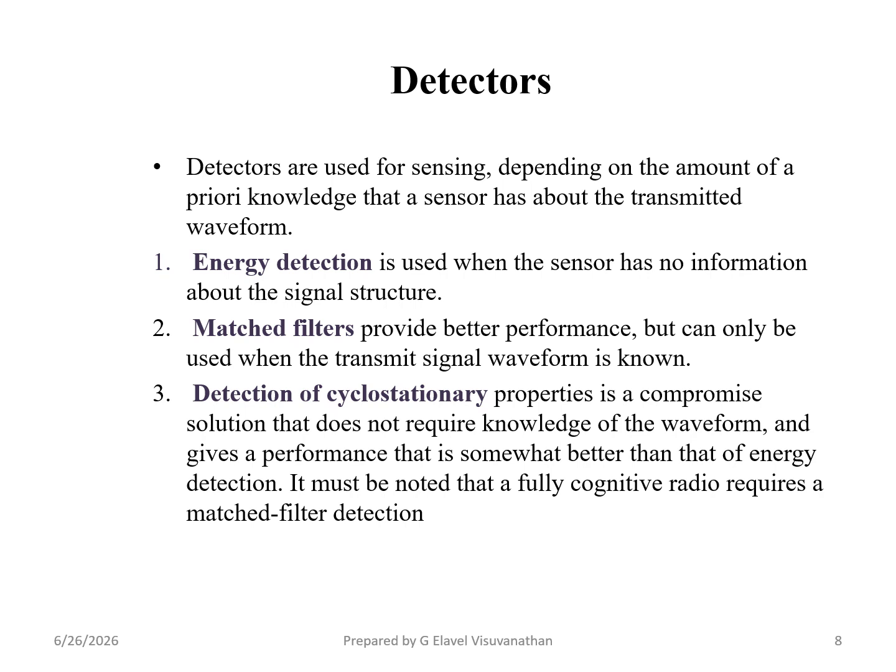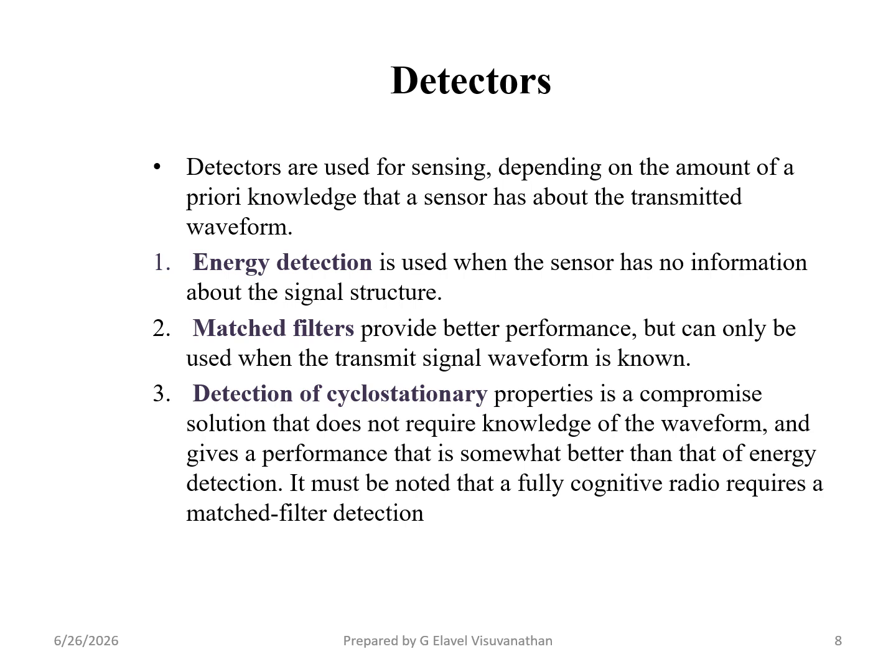Next, detection of cyclostationary property is a compromise solution that does not require knowledge of the waveform and gives a performance that is somewhat better than that of energy detection.